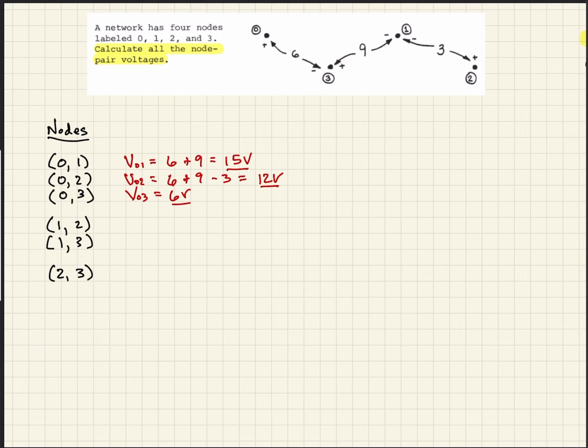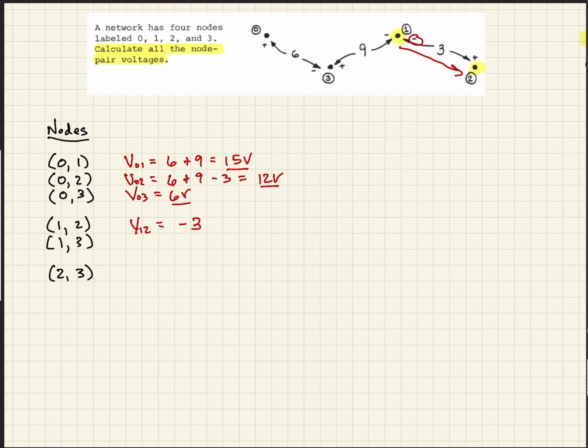So next, we're going to look at what's remaining with node 1. So in this case, we're going to go from 1 to 2. So that's here. So V12. And here we see if we go from 1 to 2, we encounter the negative first from our starting point. So that one will be minus 3.